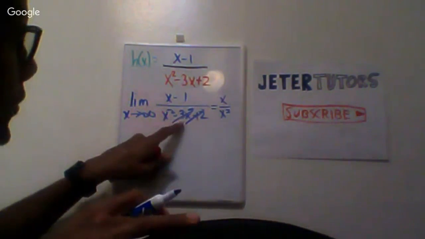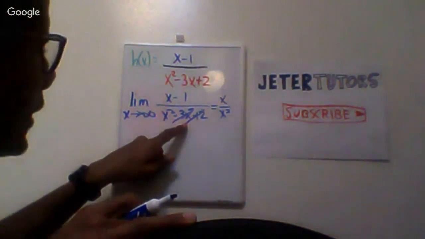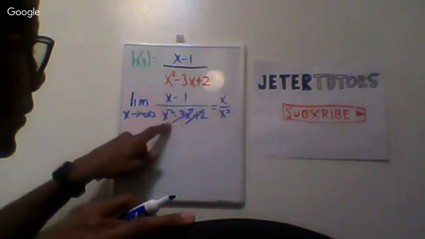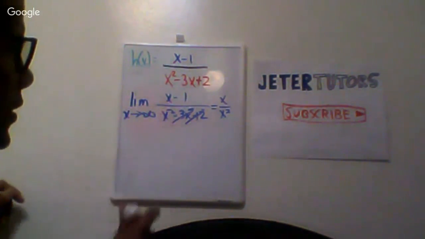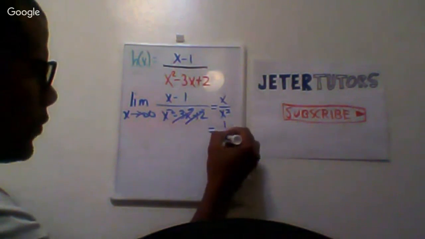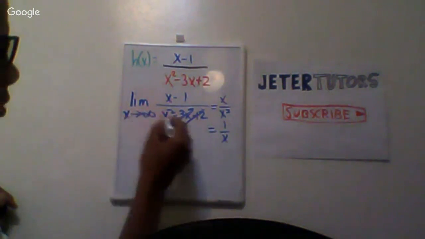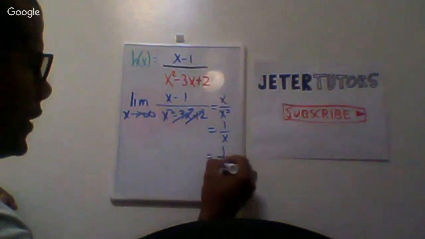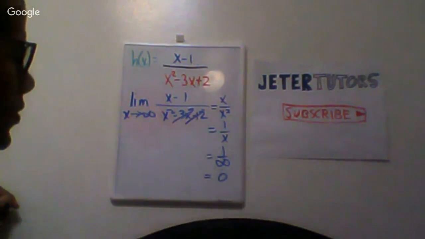As 3x goes to infinity, it's still a lot smaller contributor than x squared, and of course the 1 is a constant. So you basically get 1 over x. Now, as x goes to infinity, this is 1 over infinity, which is equal to 0.